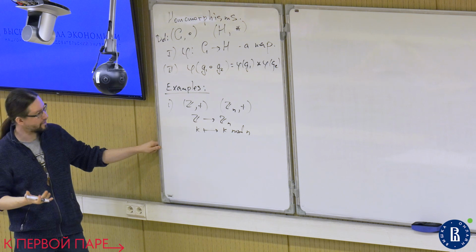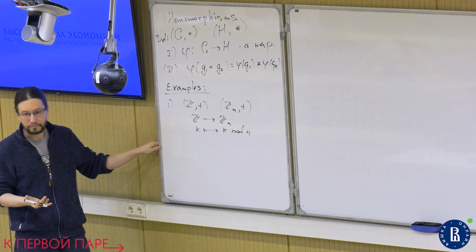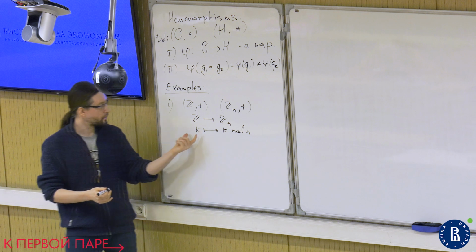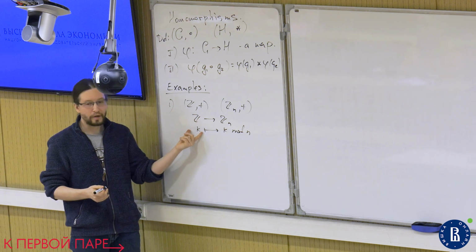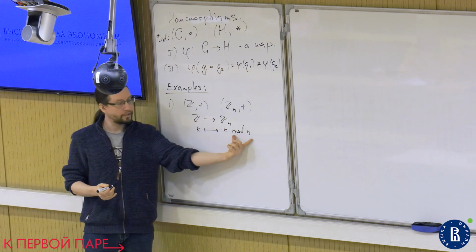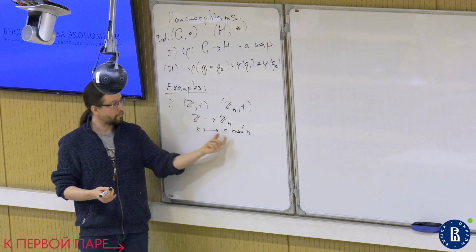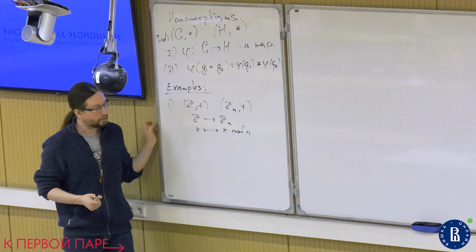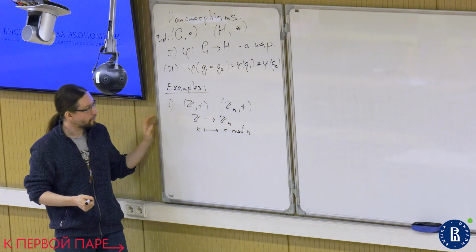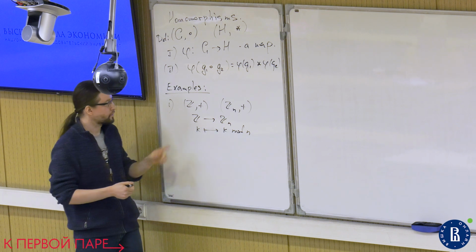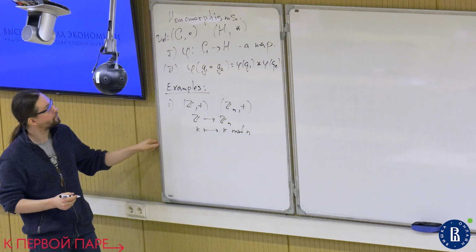So this map is a homomorphism because it doesn't matter whether you add k1 and k2 and then take the remainder, or you take the remainder of each number and then add them together modulo n. So this is more or less the same. Okay, so this is the first example of a homomorphism.